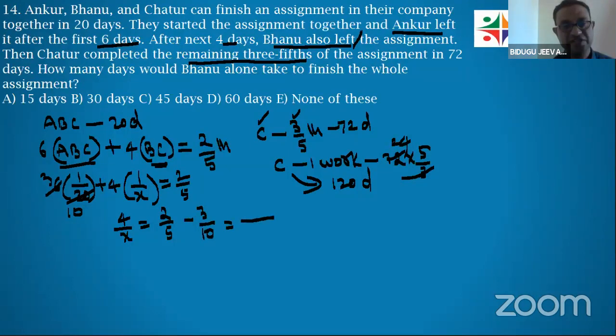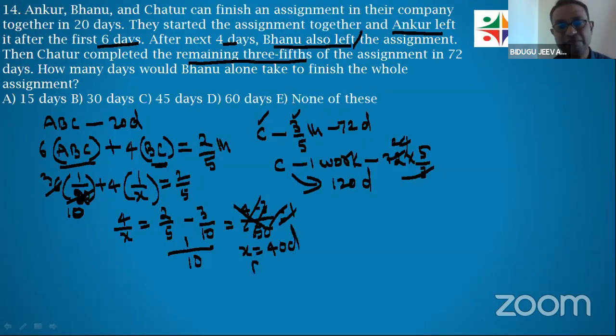The LCM is 10, so 4 minus 3 is 1, giving 1 by 10. Cross multiplying, now the X value, I got 40 days.